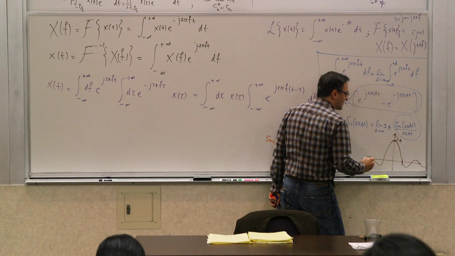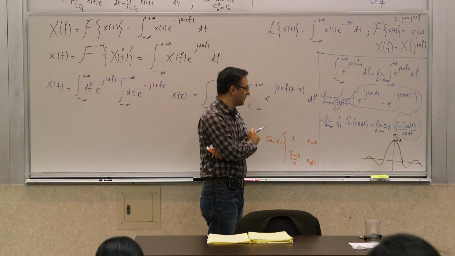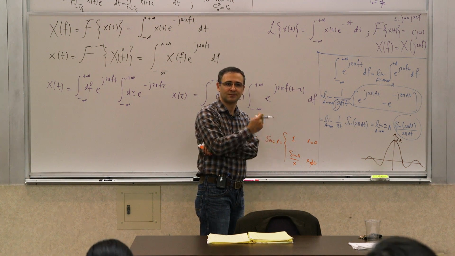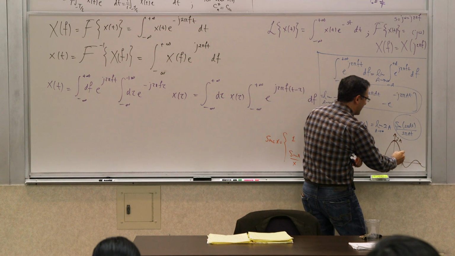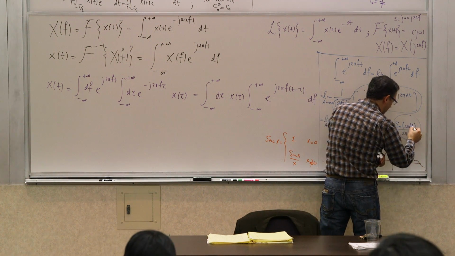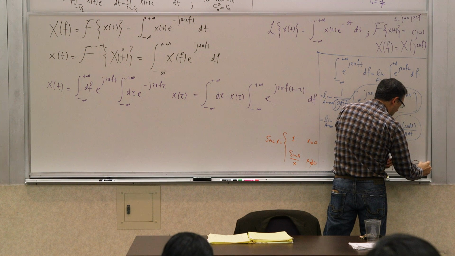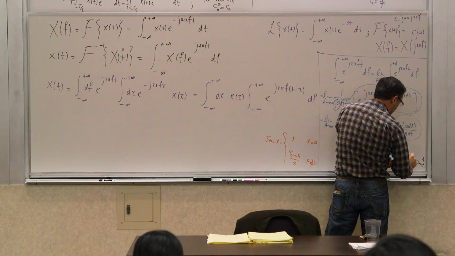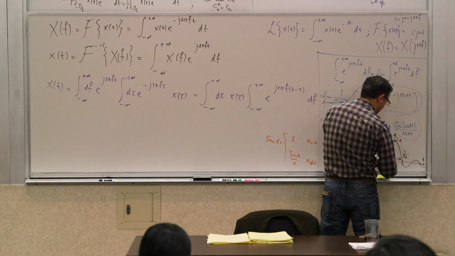What is this first zero crossing, when sine goes to 0? The first time it goes to 0 after 0 happens at pi. So this point is where this becomes pi, basically when 2at is 1, or in other words, when t is 1 over 2a. So this width is a.